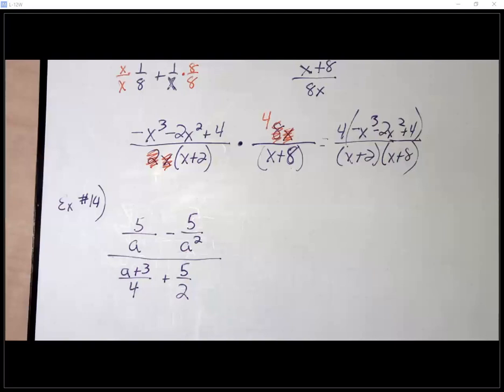You have to add this, so it'd be a plus 13.